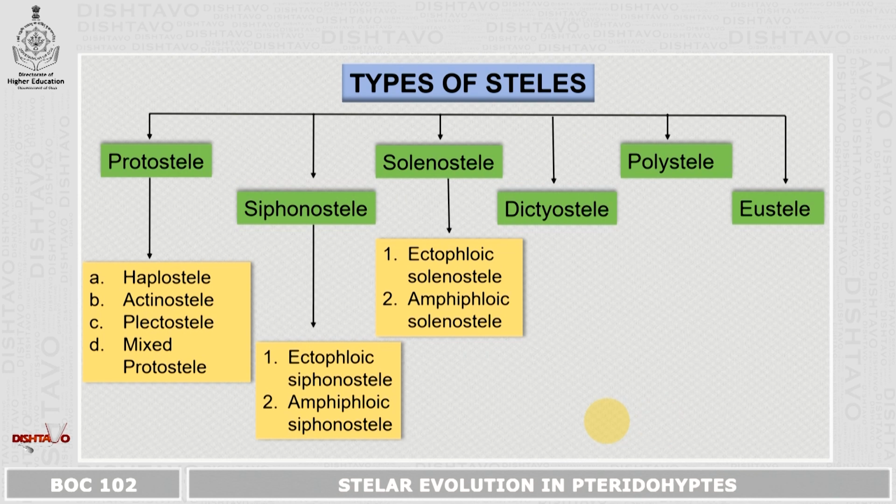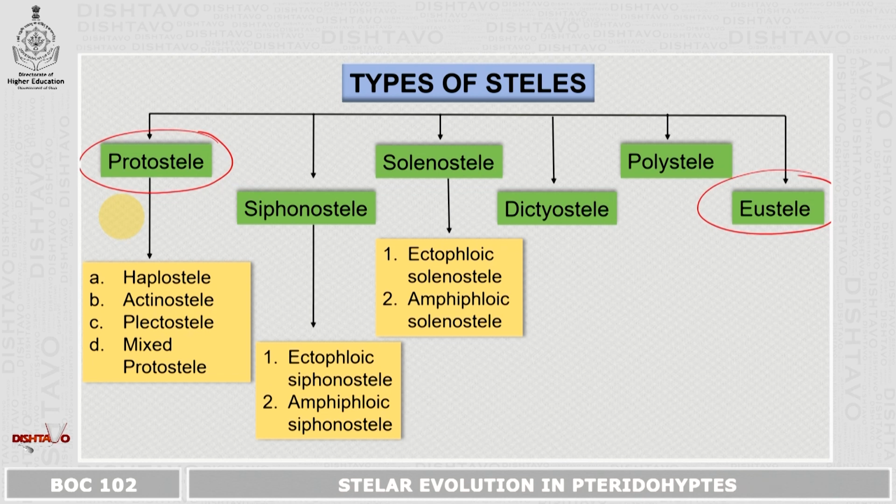Coming to types of stele. Steles can be classified in these various categories. The first one being protostele, then you have siphonostele, solenostele, dictyostele, polystele, and eustele. Protostele is seen in the most primitive plants, whereas eustele is seen in advanced plants.